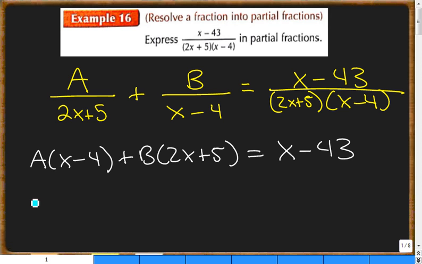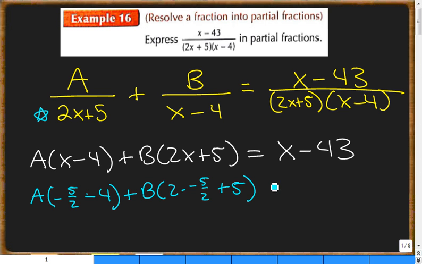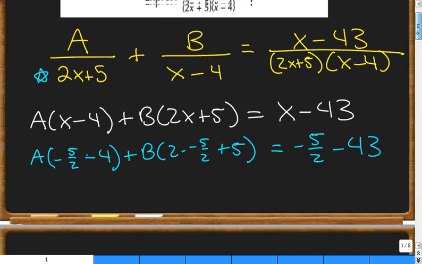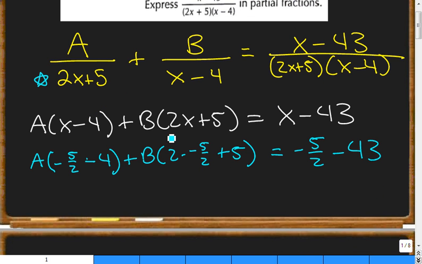So we're going to get A times (-5/2 - 4) plus B times (2 times -5/2 + 5) equals -5/2 - 43. Well, the goal of that is that if we plug in negative 5 halves, this becomes 0.